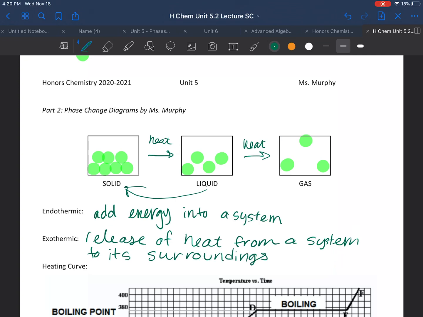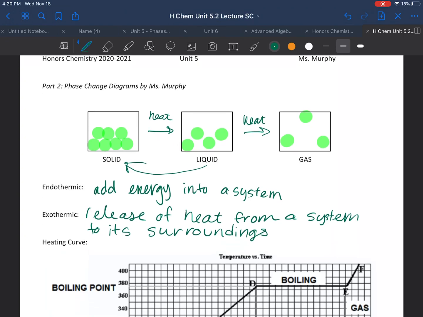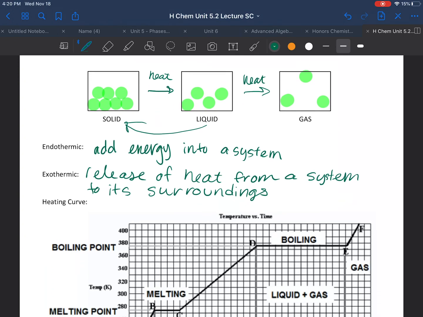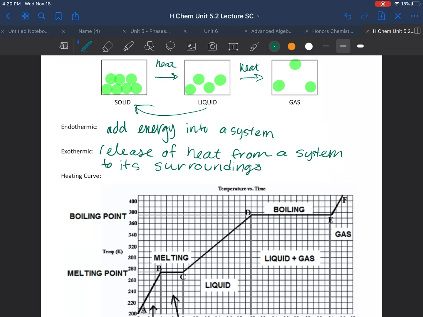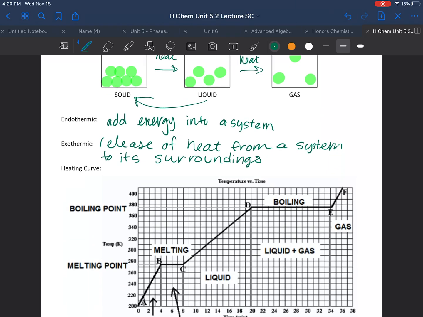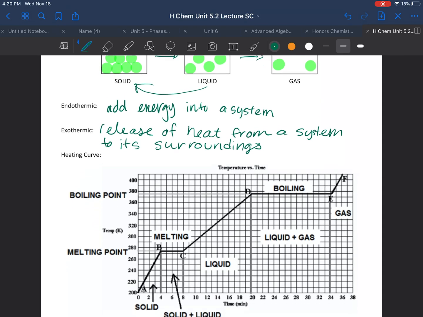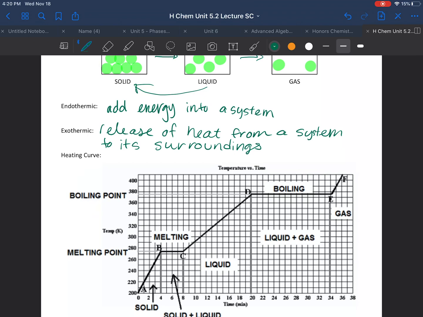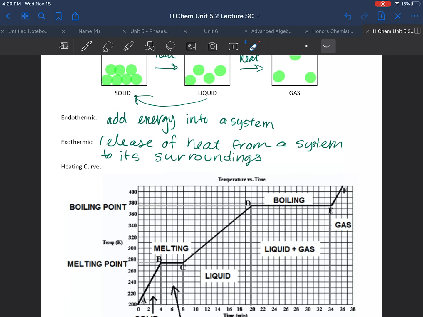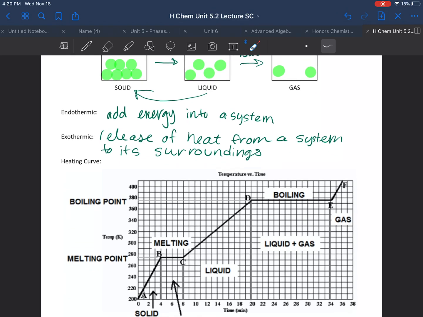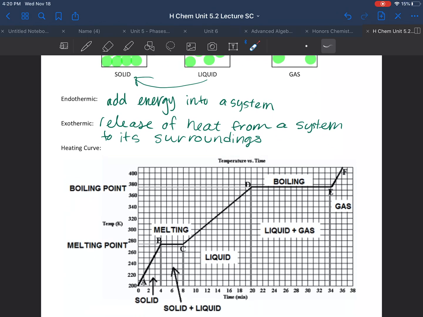And so we're going to talk briefly about heating curves. This represents the process that's happening, and we can actually assign numerical values to it. First, we start off in our solid phase. So our solid phase, for our heating curve, is going to be time 0 on the left bottom part of the graph.